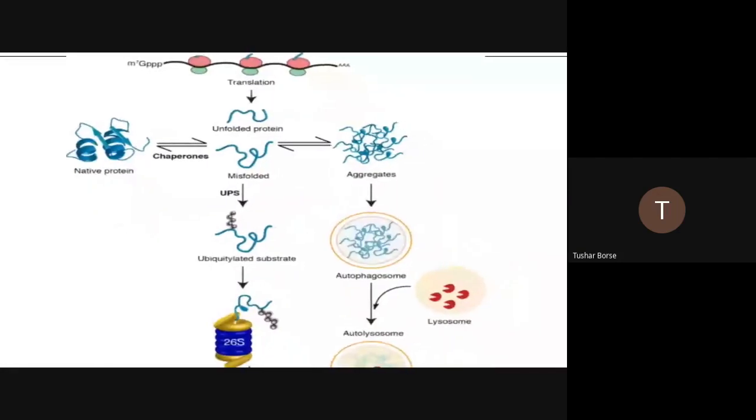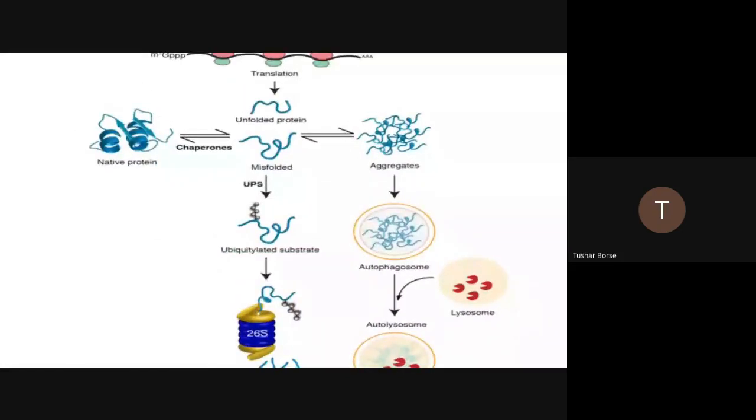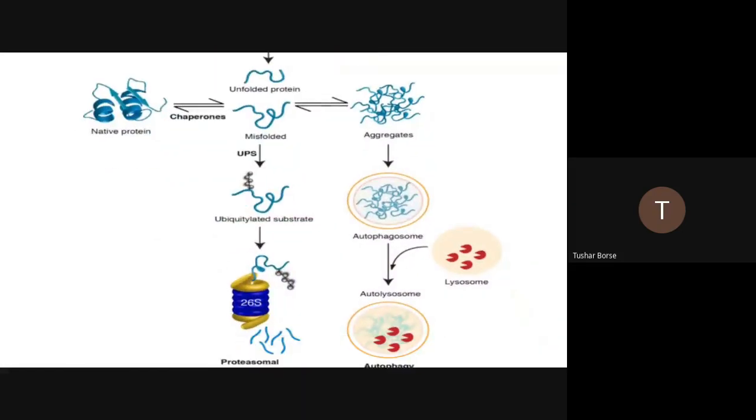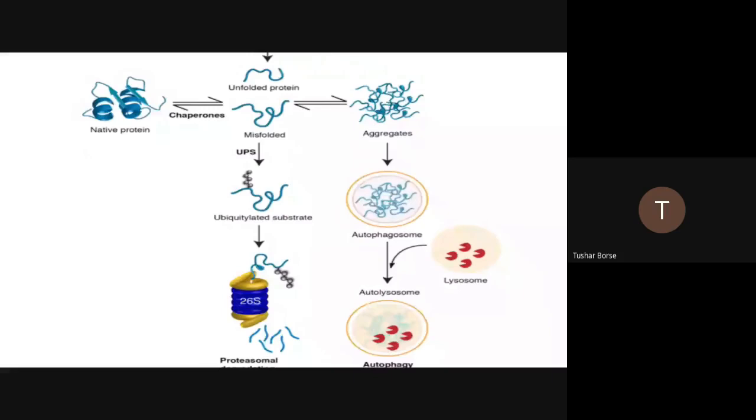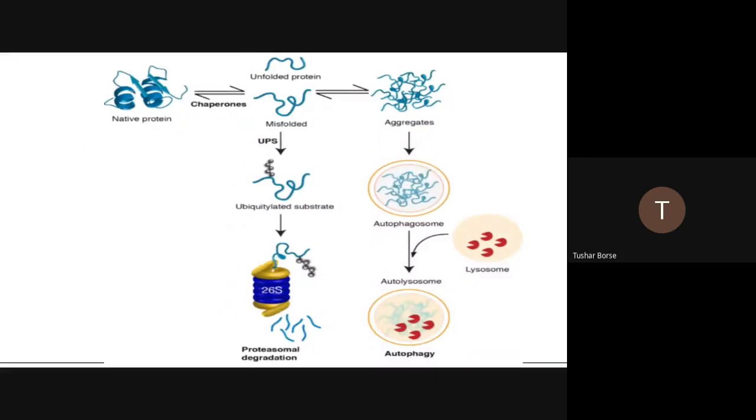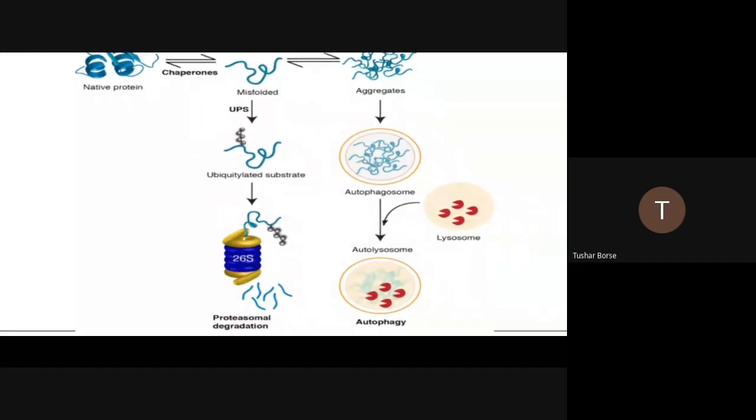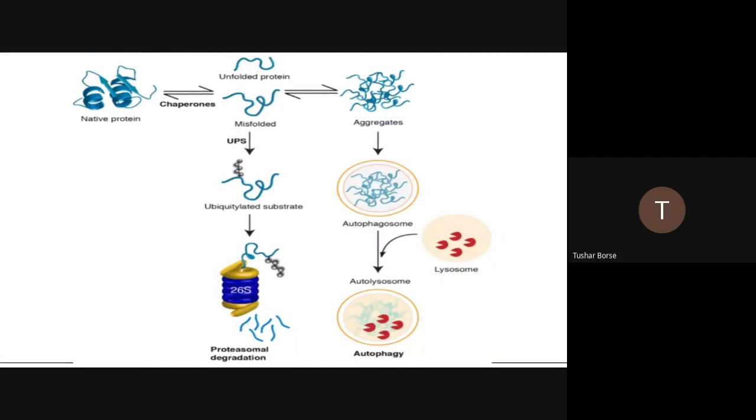If you can see in this picture, if the protein misfolds, it either goes for degradation, or for phagocytosis or autophagy. You can see the proteasomes degrade the misfolded proteins intracellularly and extracellularly. There is autophagy, where the autophagosomes degrade the misfolded protein or the aggregates.